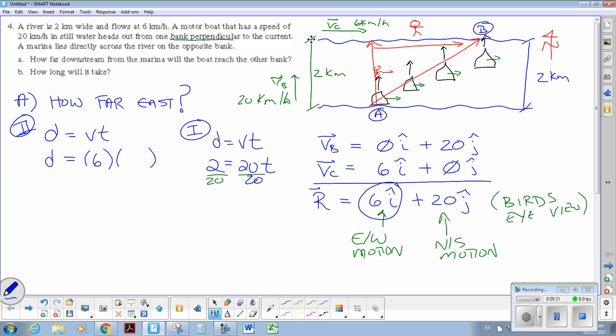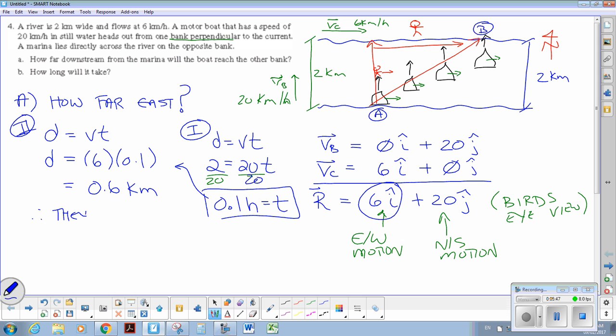Or actually, that's not true, 6 minutes. So t is 0.1 of an hour. So I can take that up here and plug it in. So I get 0.6 kilometers east.